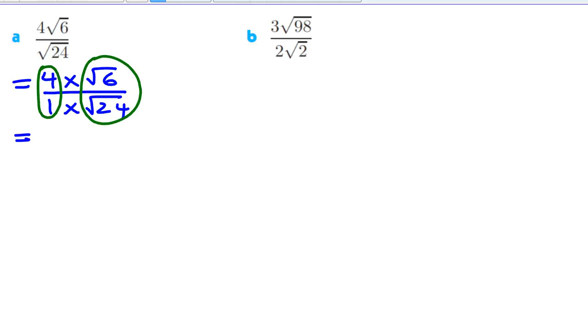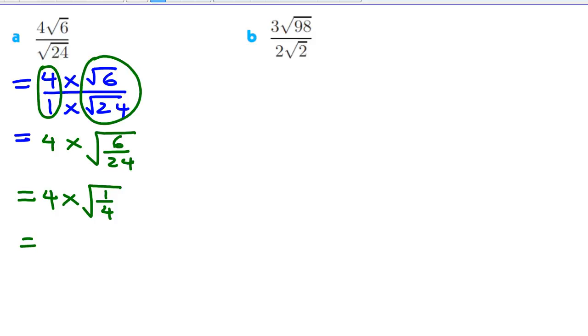So what I'll end up with is 4 over 1, which is just 4, multiplied by square root of 6 over 24, which is 4 multiplied by, now 6 over 24. 6 goes in 24 4 times, so that is the same as a quarter. And square root of a quarter is a half. A half of 4 is 2.